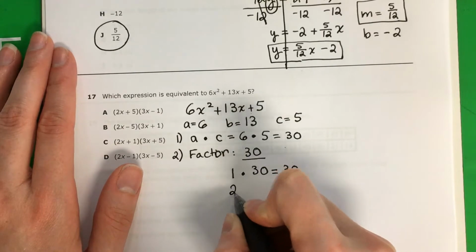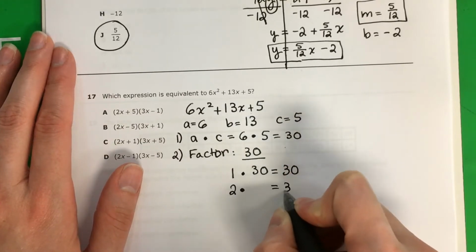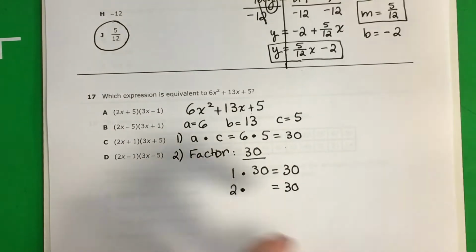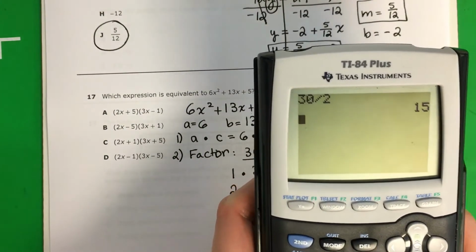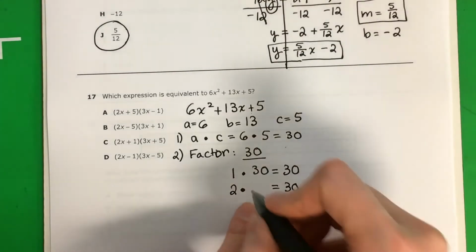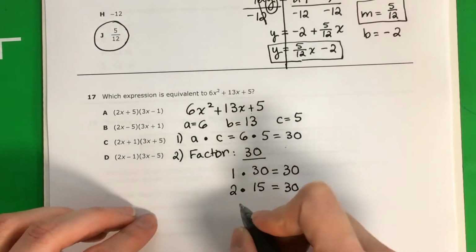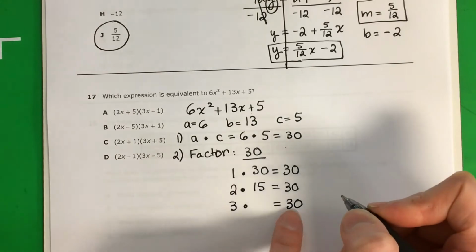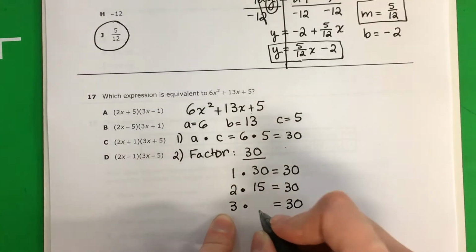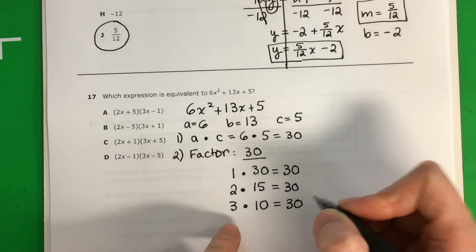After 1 is 2. 2 times what equals 30? Well, 30 divided by 2 is 15. So 2 times 15 is 30. After 2 is 3. 3 times what equals 30? You have to do 30 divided by 3, and you get 10. Next is 4.